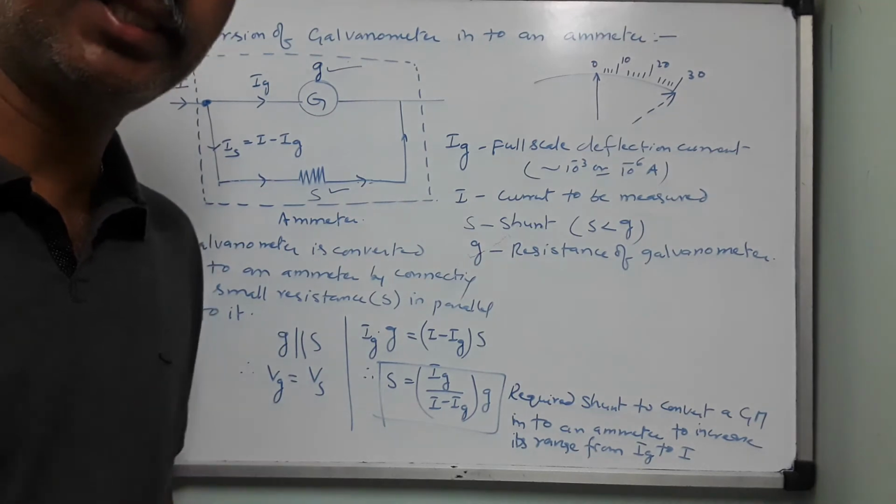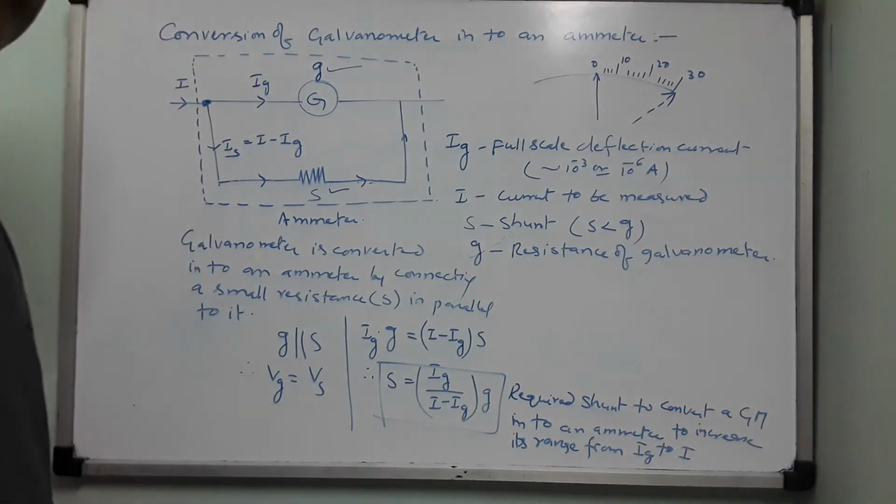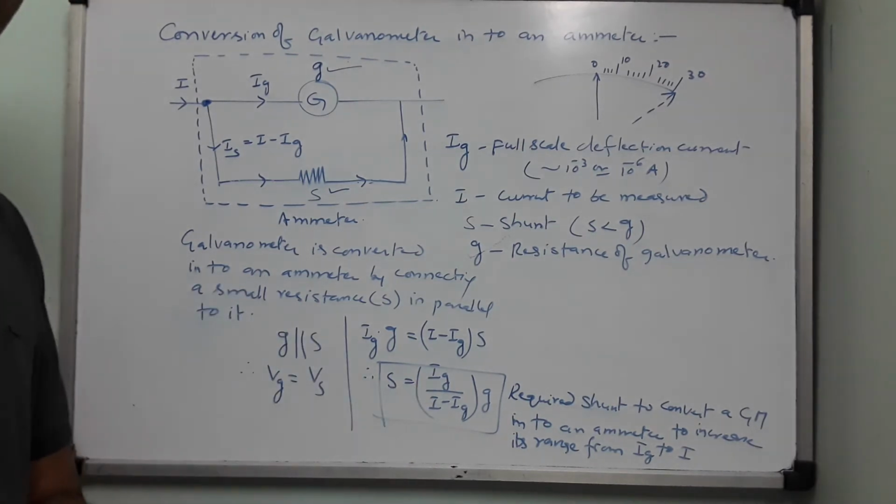So in order to increase the measurement by 1000 times for a current, to know what shunt is required, this formula you have to use.